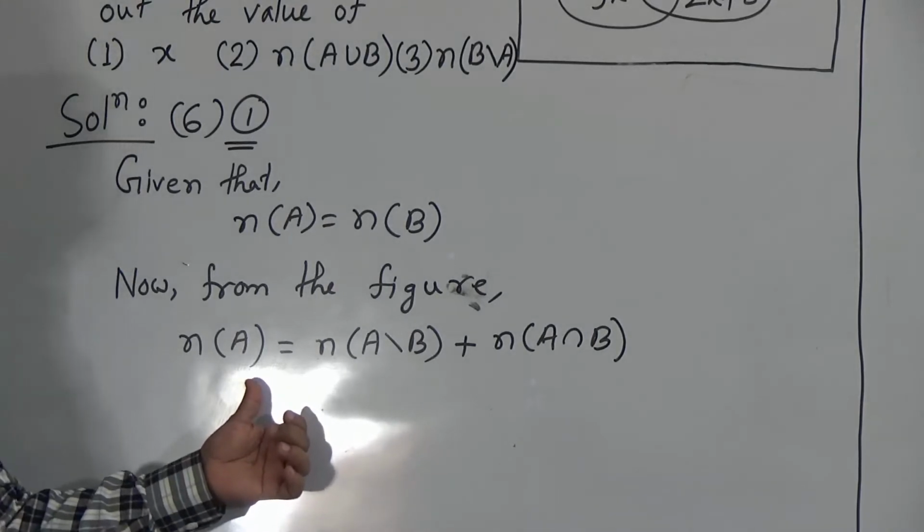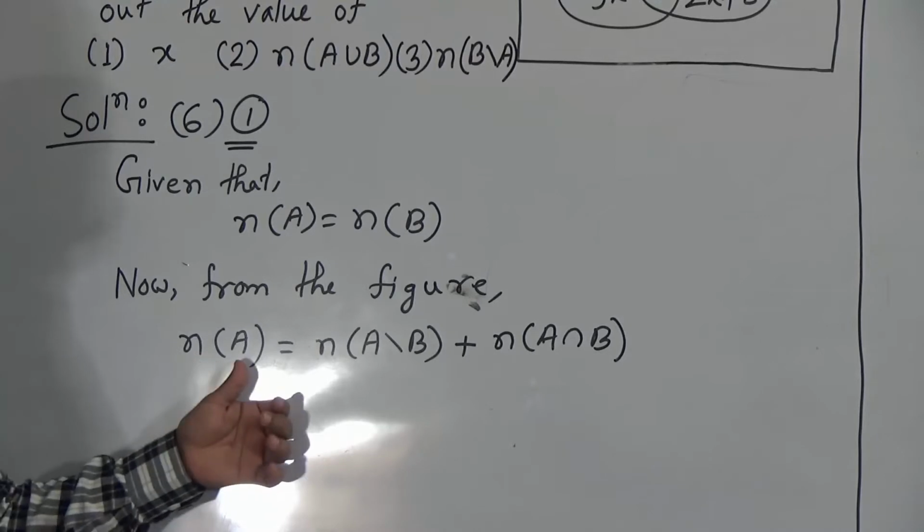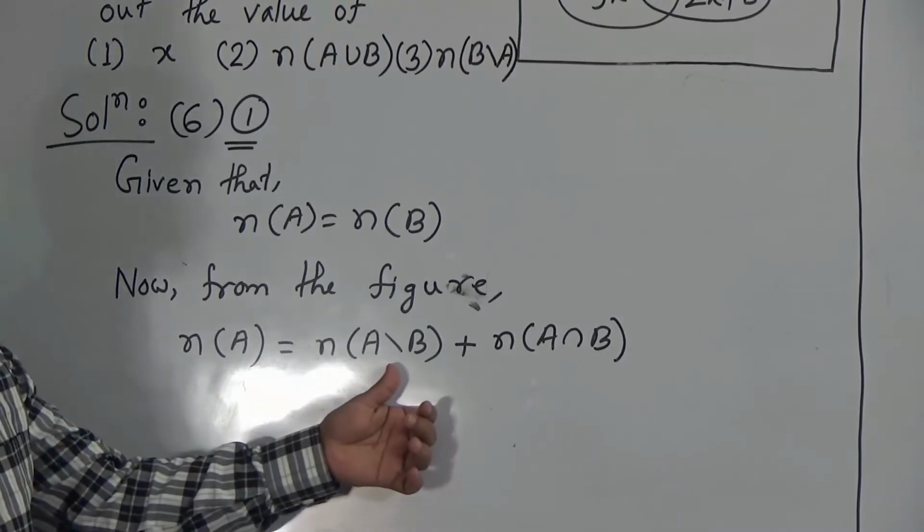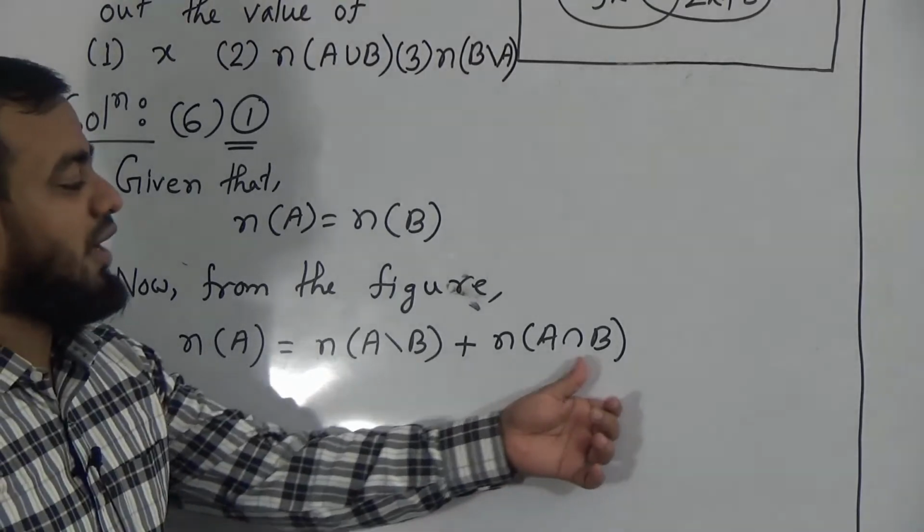That's why I have written it directly. n of A, that's the number of elements of A, equals the number of elements of A delete B plus the number of elements of A intersection B.